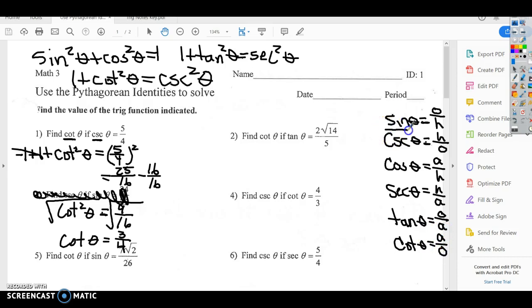Now, if you look at just these three, that's where you get the SOHCAHTOA from, okay? And then the others are just the reciprocal of those three. So in the past, you've probably been working with the sine, cosine, and tangent functions.